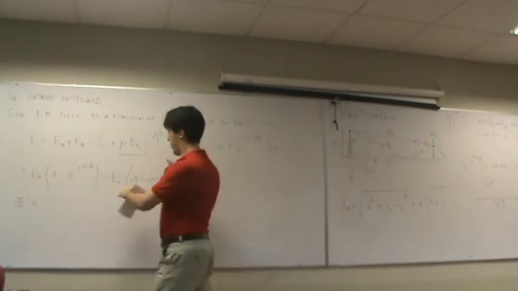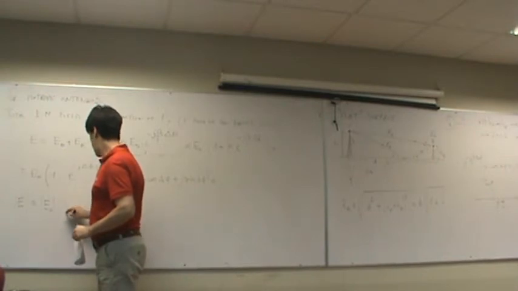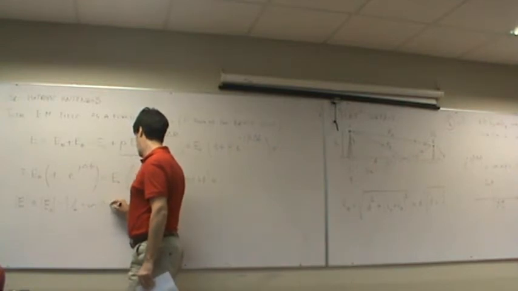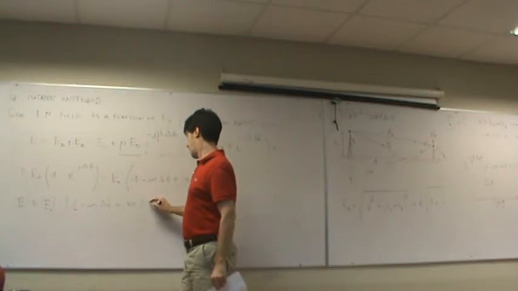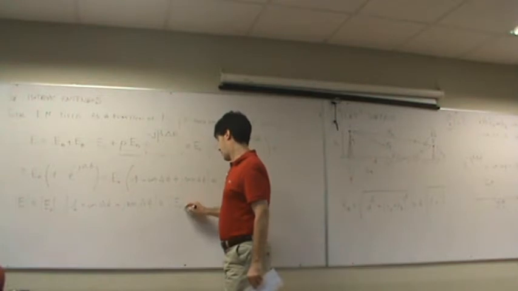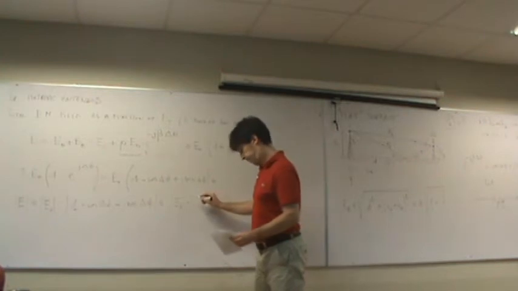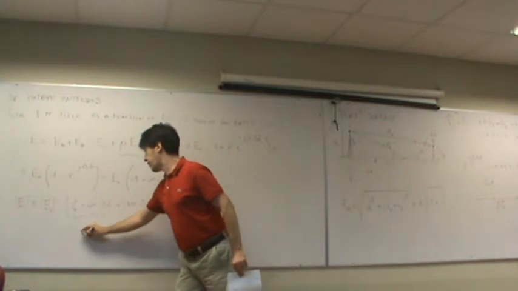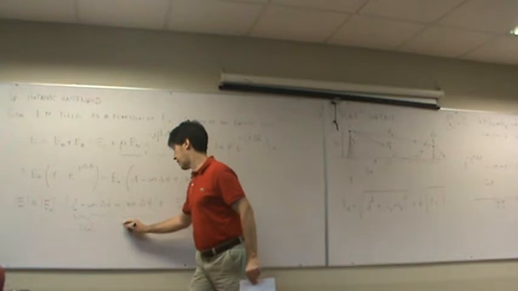So if we take the absolute value of this thing, we get the absolute value of E0 times the absolute value of this, and this is very simply the real part of this complex number, and this is the imaginary part.